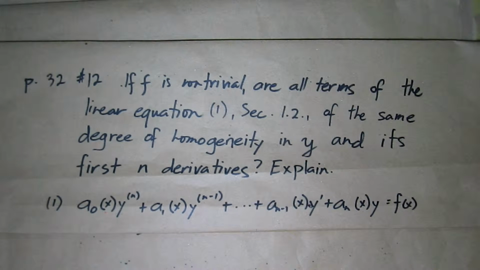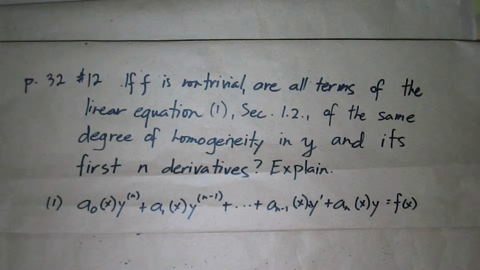So the question is, if f is non-trivial, are all terms of the linear equation 1 of section 1.2 of the same degree of homogeneity in y and its first n derivatives? Explain. So I have already written here for you the said equation.